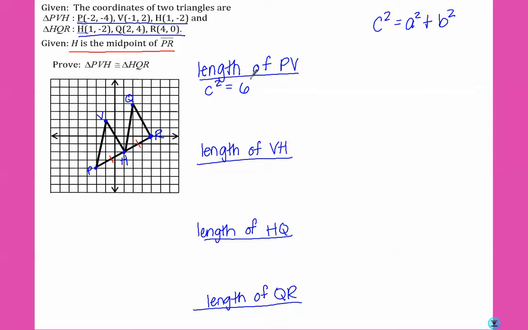So 6 squared plus 1 squared. If we simplify this, we get that c squared equals 37. So c is the square root of 37, which would be the length of PV.